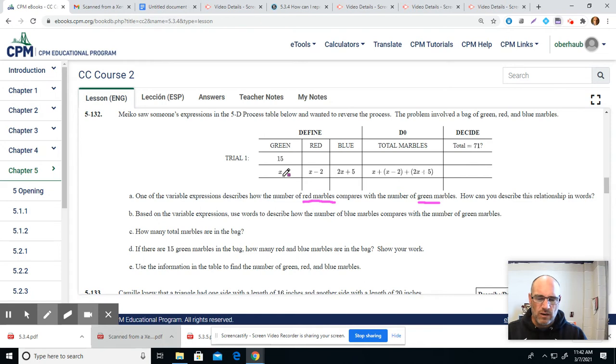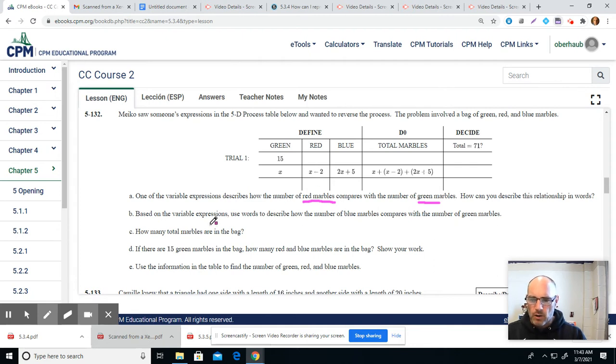They took whatever green is, and there are two less red ones. So for A, I would say there are two less red marbles than green marbles. The relationship is whatever green is, I subtract off 2.